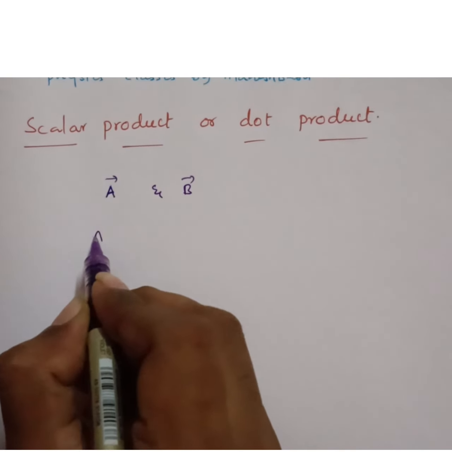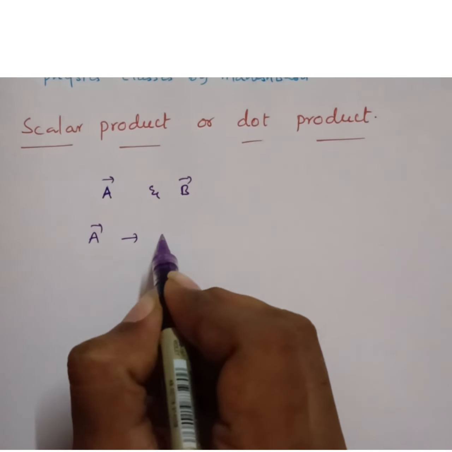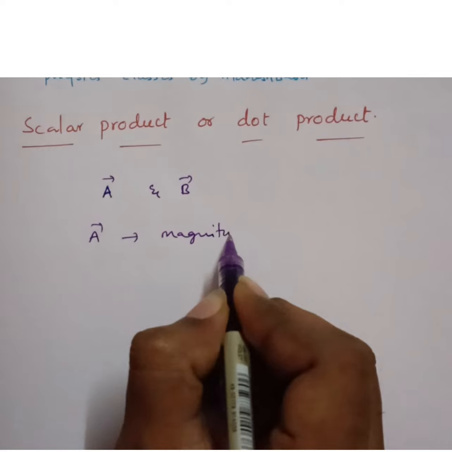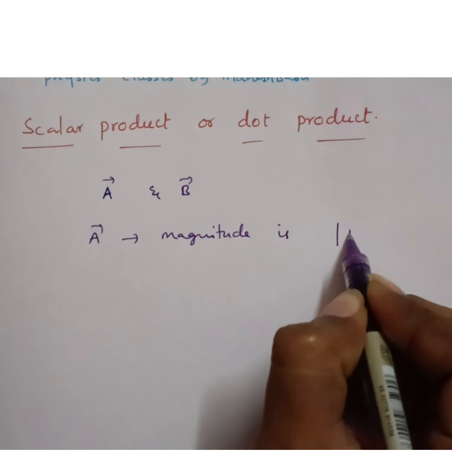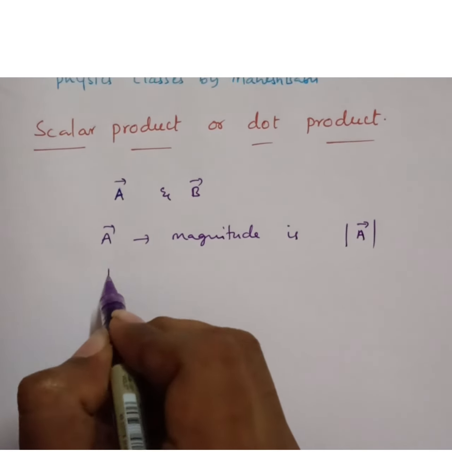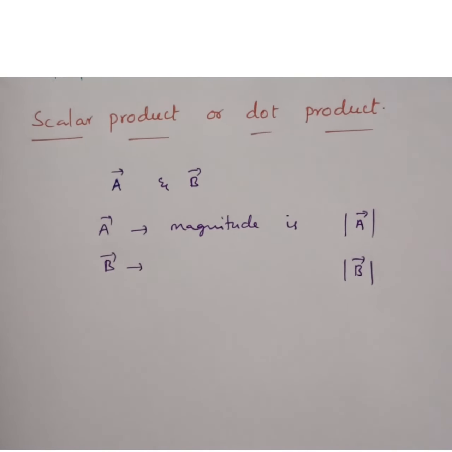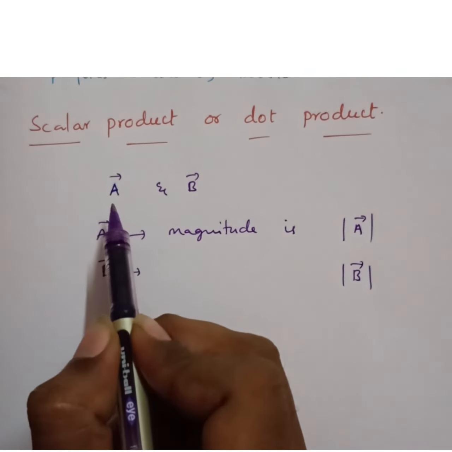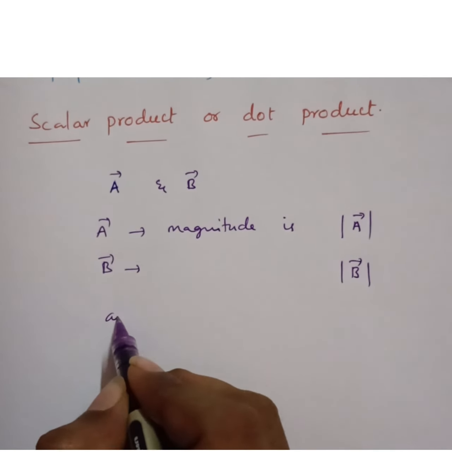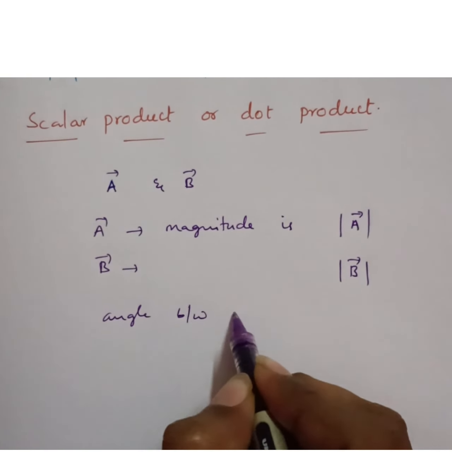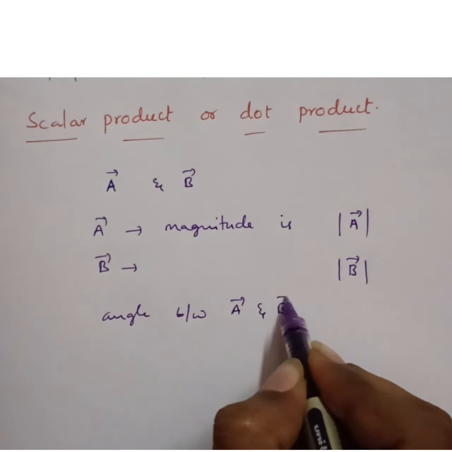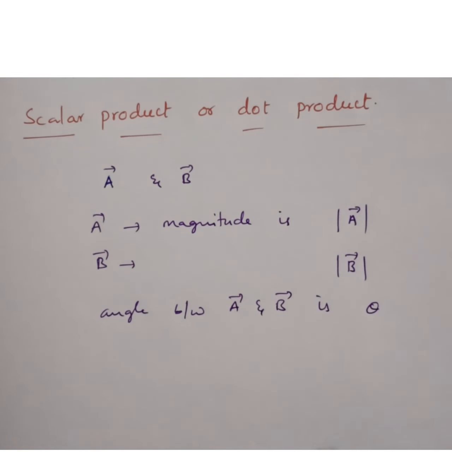The magnitude of a bar is |a|, the magnitude of b bar is |b|, and the angle between these two vectors is theta.